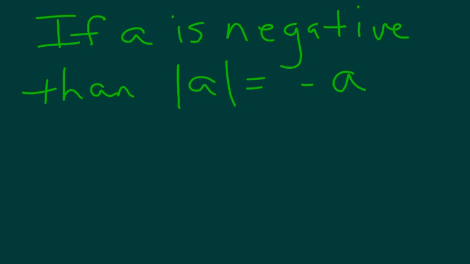Okay, here's the third part. If A is negative, then the absolute value of A equals negative A. Now this one's weird. That's really not saying negative A, it's saying the opposite of A. So check this out.